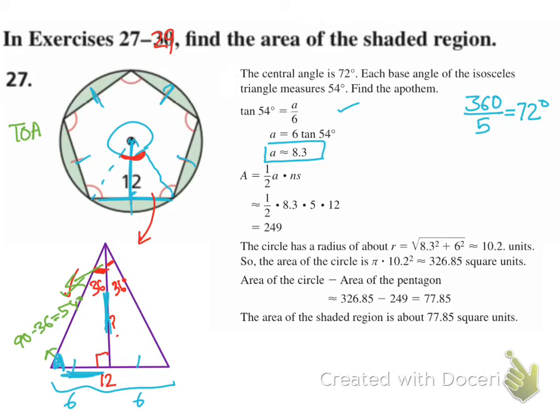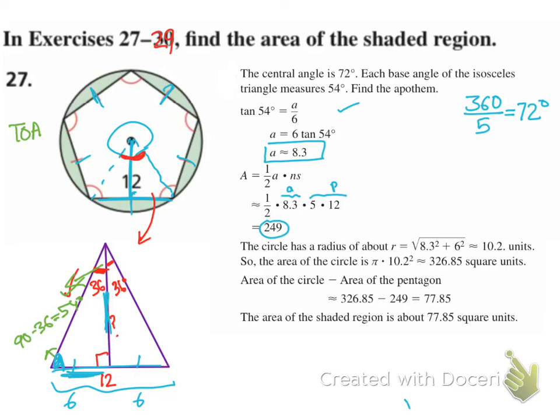You have your apothem, you have the whole side, you can easily find the perimeter. Your formula is half times A, apothem, times the perimeter. Now perimeter is what? You have to multiply how many sides there are. 5 sides. So this is the apothem here, this is A, and this is your perimeter, 5 times 12. Solve it. You get your area for the pentagon.